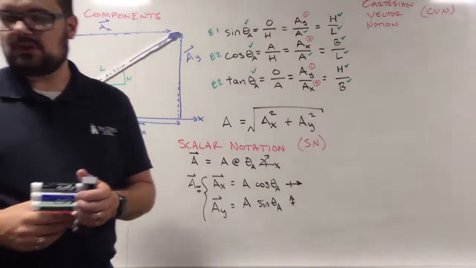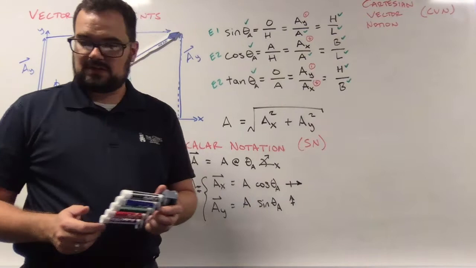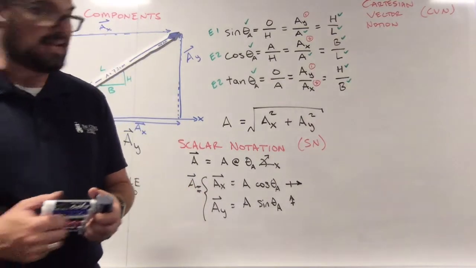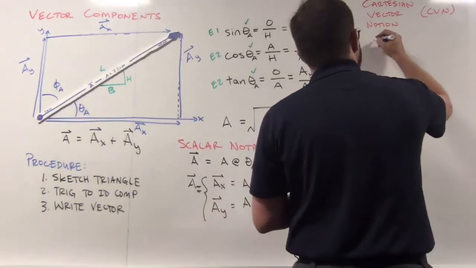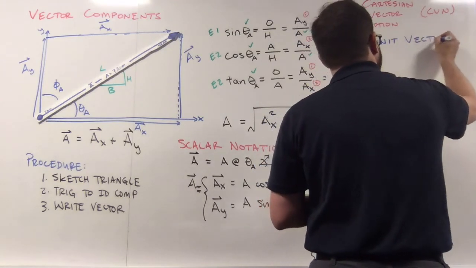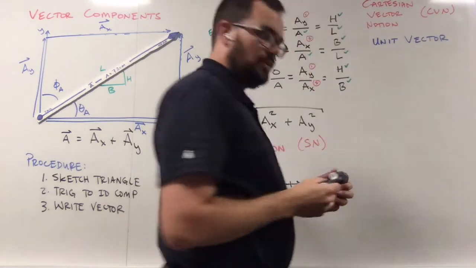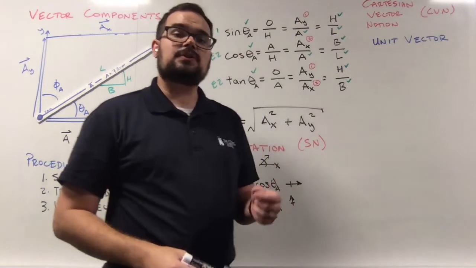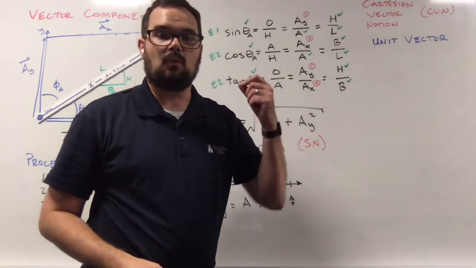And to use Cartesian vector notation, I'm going to introduce the idea of a unit vector. A unit vector is a vector whose magnitude is 1.